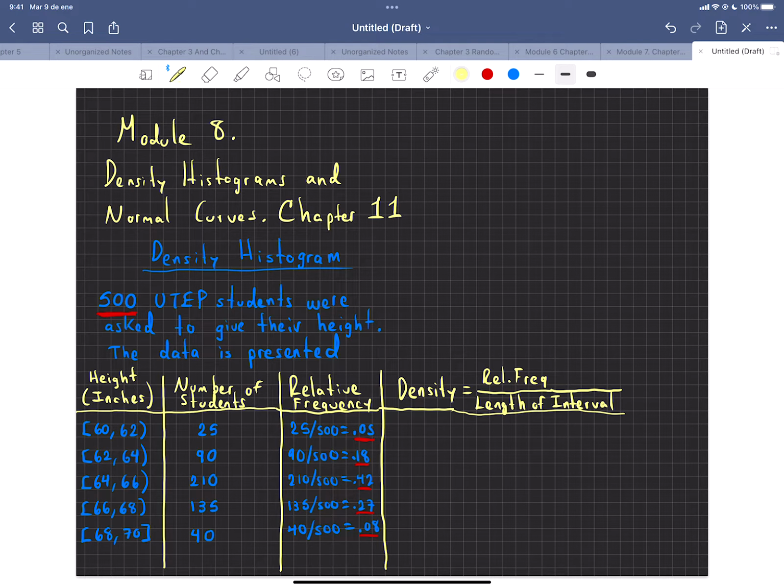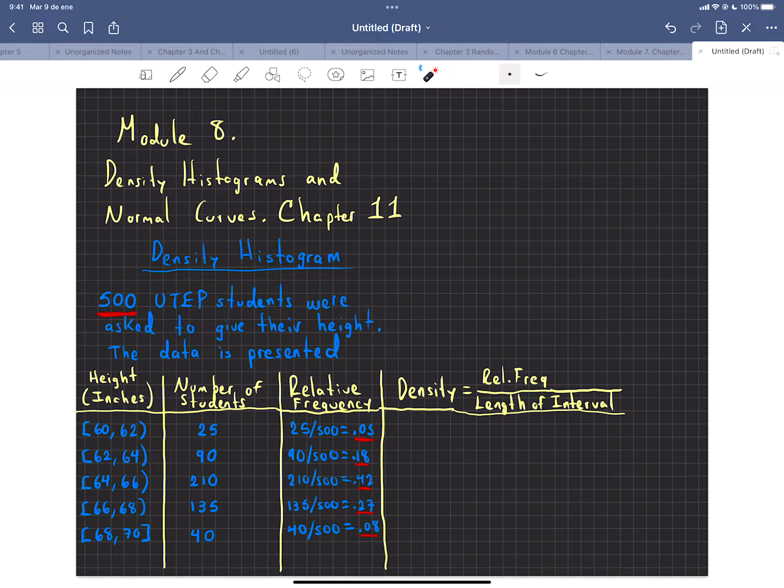By the way, notice that for each interval that we have here, the length is going to be 2. How do you compute that? Only subtract the right extreme minus the left extreme. 62 minus 60 is 2, 64 minus 62 is 2, and so on. So the length for every interval is the same here, but that's only a coincidence. It doesn't have to be the same necessarily. If it is not the same, you will have to be careful about that and use this formula.